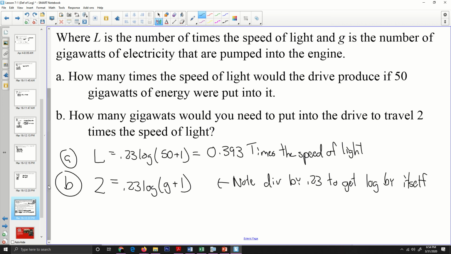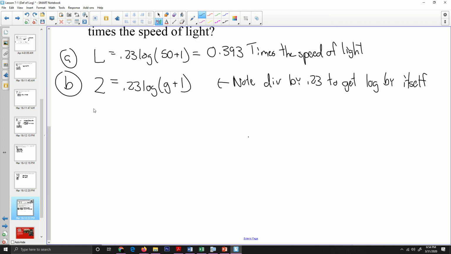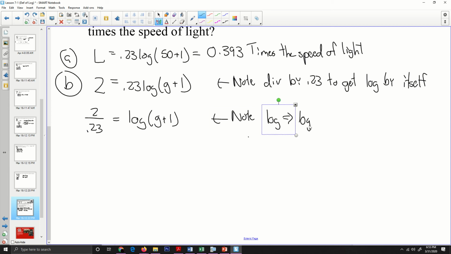All right, so when I do that, I'll have 2 divided by 0.23. Now I could calculate that, but it doesn't really matter. I'm going to do it all in one step once I get G by itself, equals log of G plus 1. Now remember, log is log base 10.